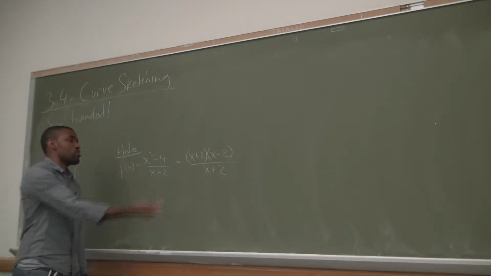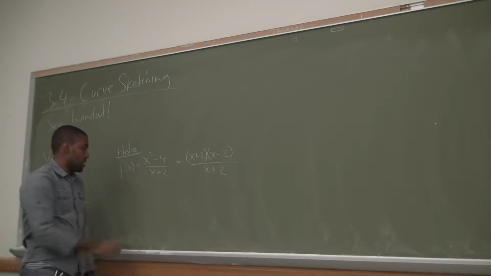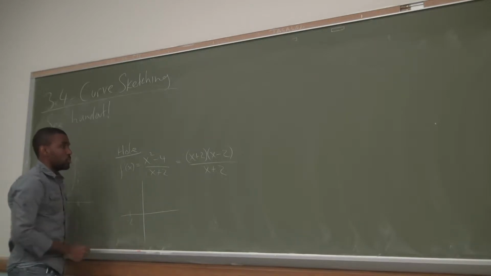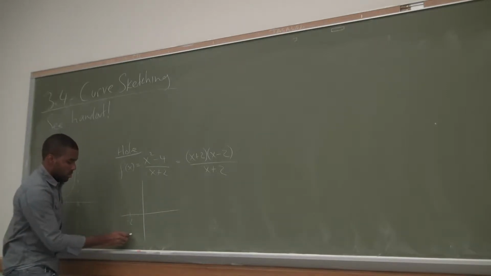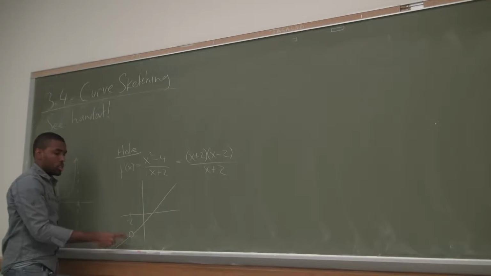The problem is, the original function had this in the denominator, and so I still have to avoid x equals minus 2, and that's why at minus 2, I would have a hole at minus 4, right? So I put a hole there.